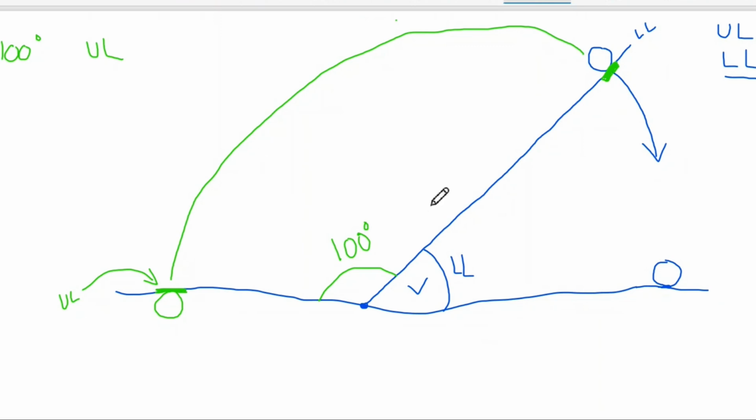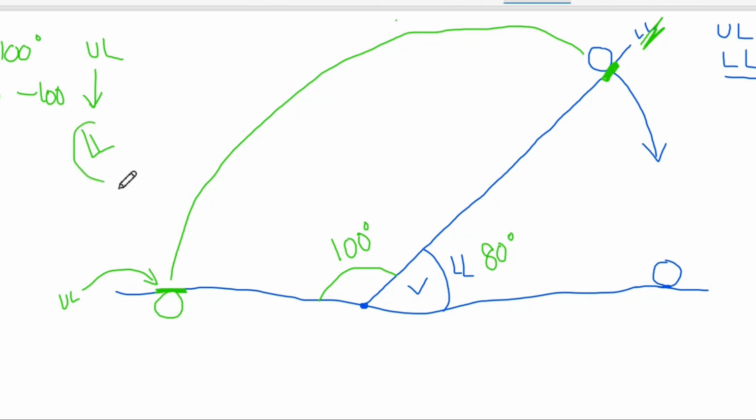Now when you subtract it from 180 you get this angle here as 80 degrees. You see, this 80 degrees on this side would be the altitude of the lower limb. As soon as you subtract it from 180, I do 180 minus 100, the limb also changes. Upper limb gets converted to the lower limb. So remember this when you are doing the back angle observation of the sun, that if they have given you a certain limb, once you subtract from 180, the limb should change.